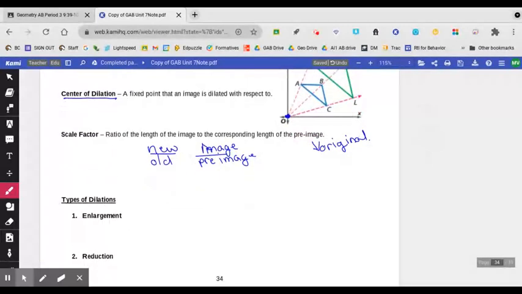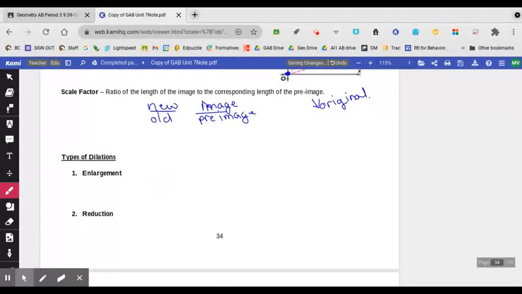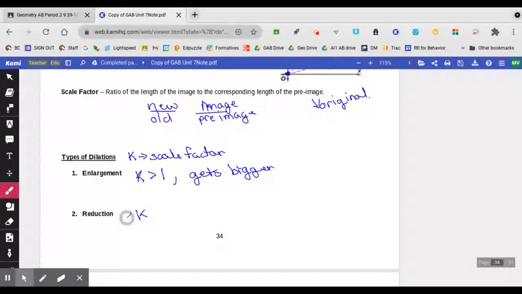Now, types of dilations: we say that K is our scale factor. If it's an enlargement, then K is greater than 1, and it got bigger. If it's a reduction, then K is greater than 0 but less than 1, and this is when it gets smaller.